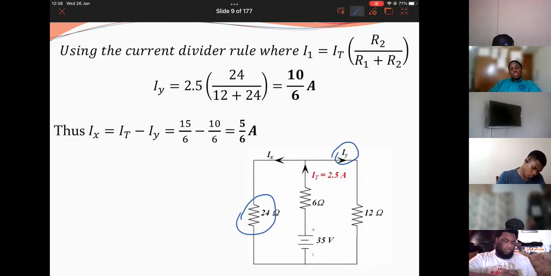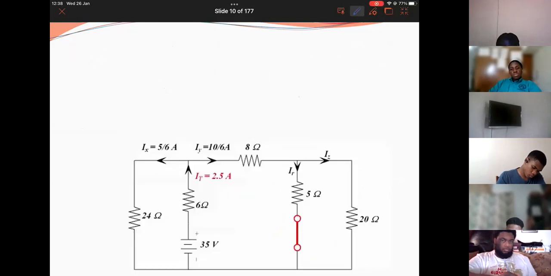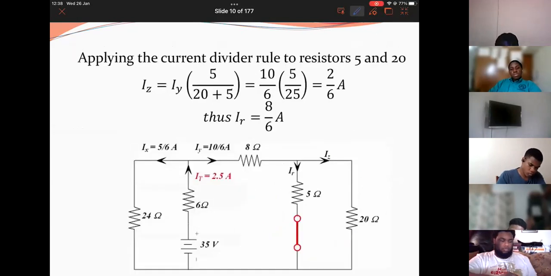All right, can I move on? So IY is broken down into IZ and IR. So we have the current through the 5 ohm resistor and the current through the 20 ohm resistor.